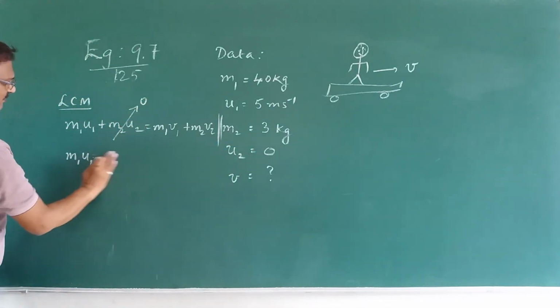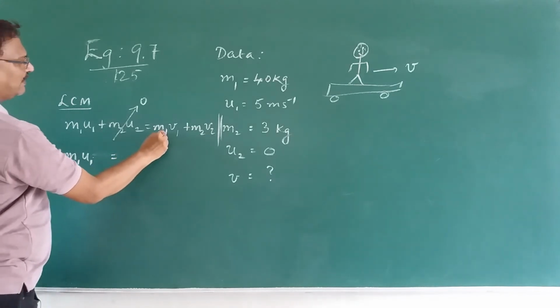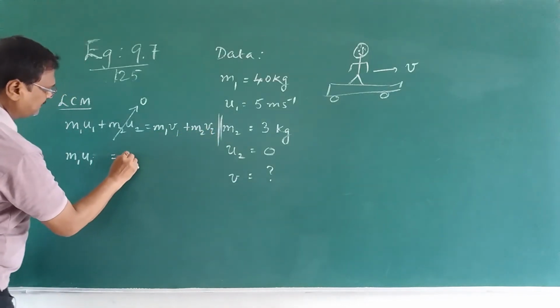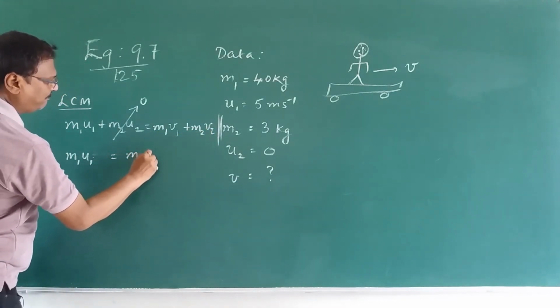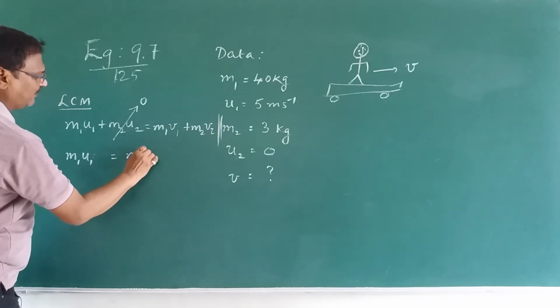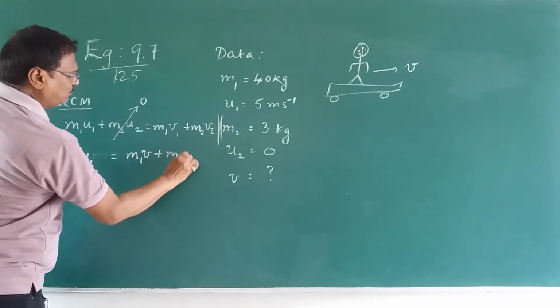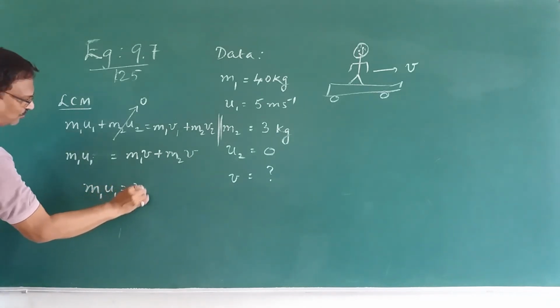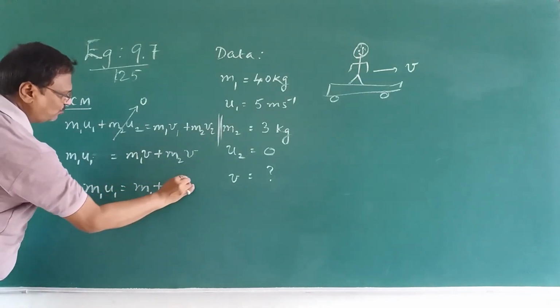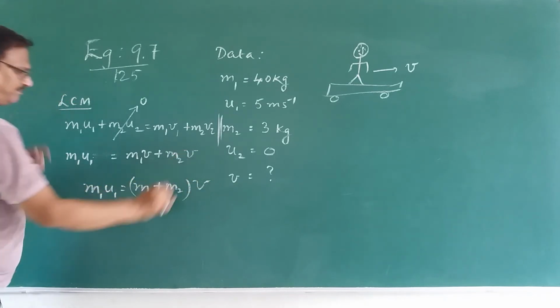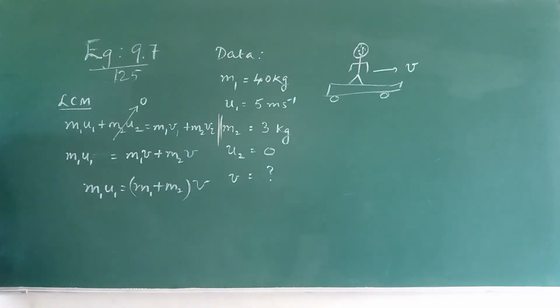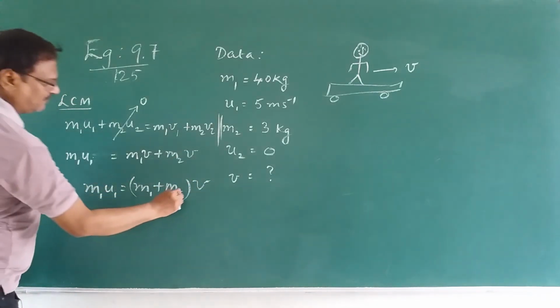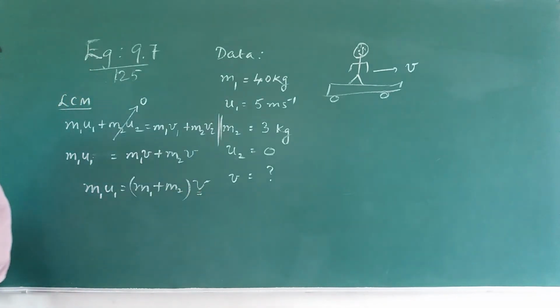Both of them are joined together. So, for you I'll use one more step, M1 U1 is equal to M1 plus M2 into V. Some collision happened.